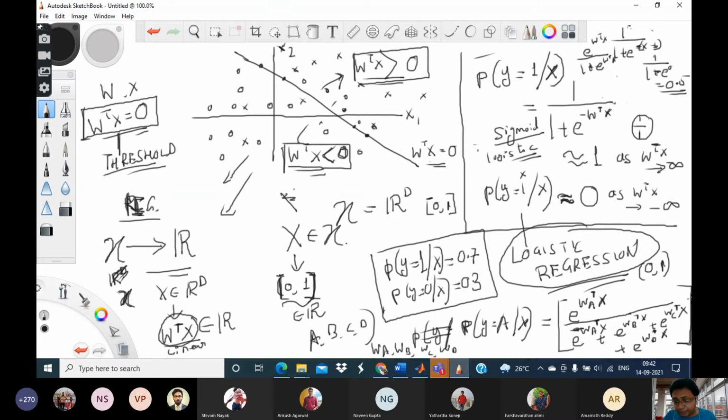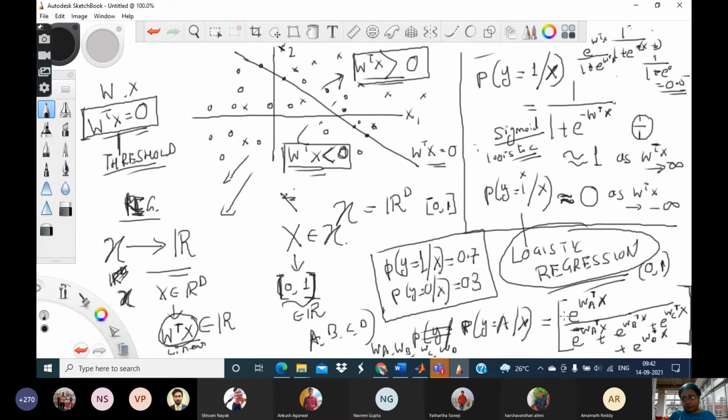The probability for any class is proportional to e to the power w of that class transpose x, divided by the normalizing constant. This denominator only makes sure that if you add up the probabilities of all the classes, you get 1. That's the purpose of this denominator.